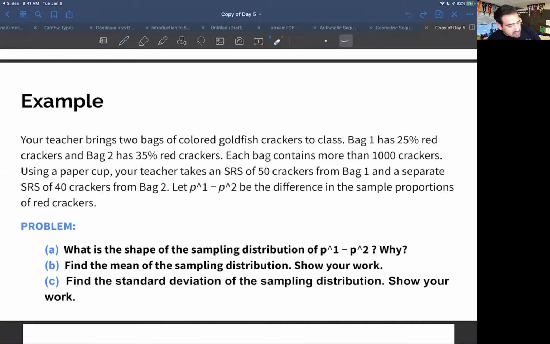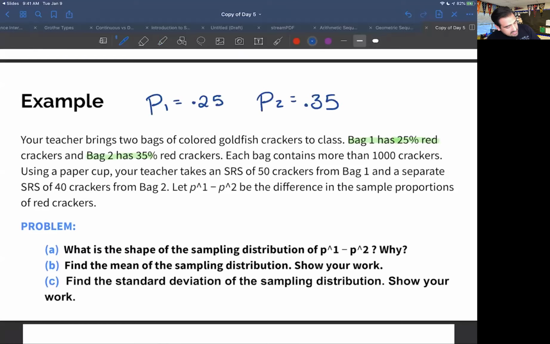So really quick, let's pull the important information out of that. Bag 1 has 25% red crackers. Bag 2 has 35% red crackers. So those are the true population proportions. I'm going to say p1 for bag 1 is 25%. I'm going to say p2 for bag 2 is 35%. Right?